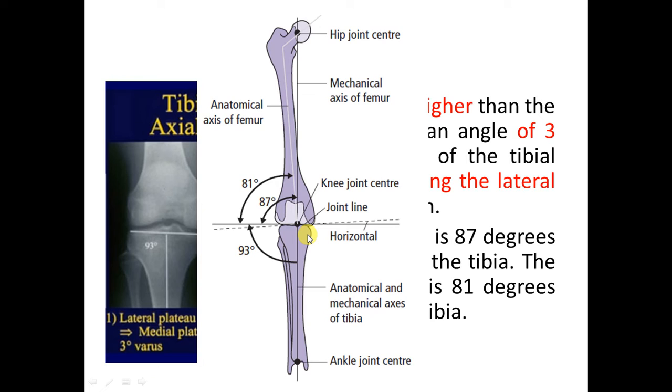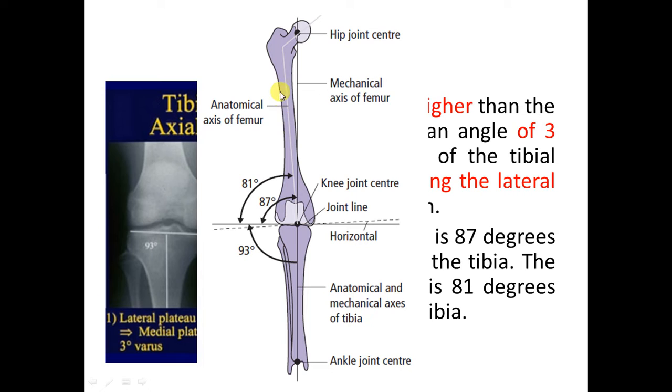The proximal medial tibial angle in relation to the anatomical axis is about 87. So it is 3 degrees of varus.